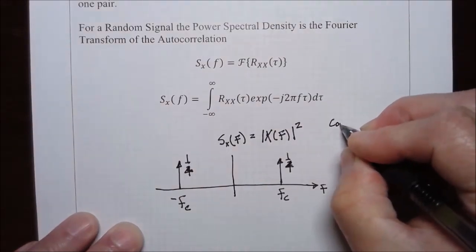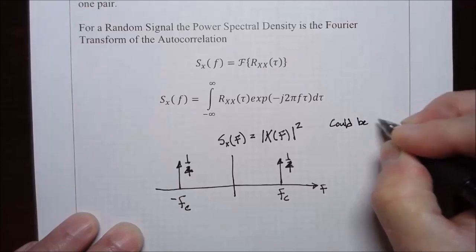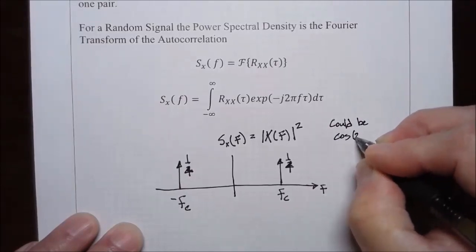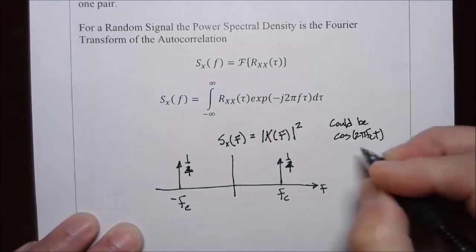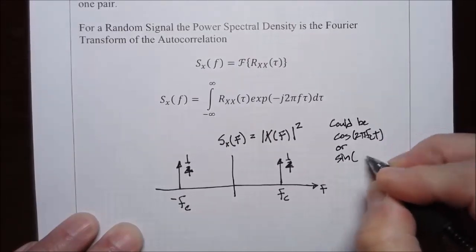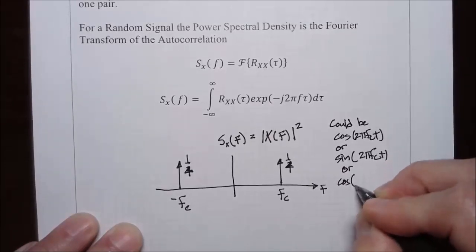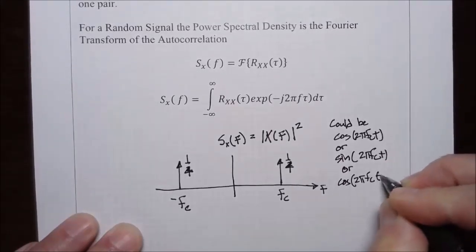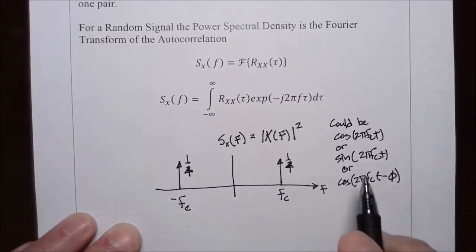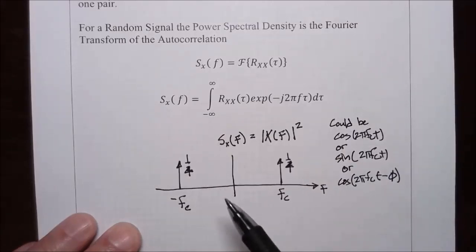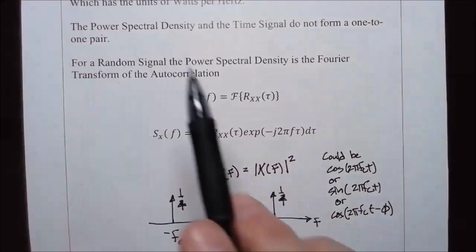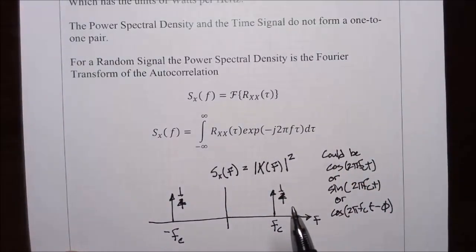So see, this could be cosine of 2 pi fct, or could be sine of 2 pi fct, or it could be cosine of 2 pi fct minus some phase angle phi, and it doesn't really matter what the phase angle is. This power spectral density could be any of these functions. So there's not a one-to-one correspondence between the power spectral density and the time signal.